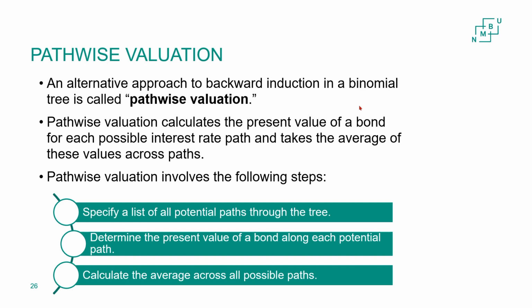If you just list all of the potential paths through the tree, and these paths are all equally likely, then you can determine the present value of a bond along each path, and just take the average present value of these paths, and that would be the present value of the bond.